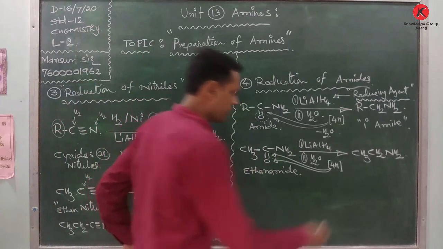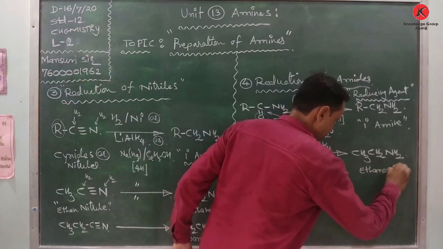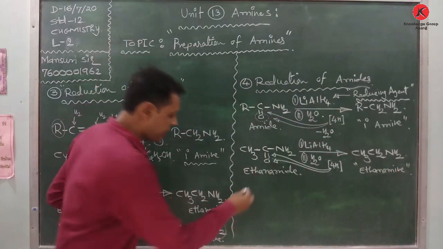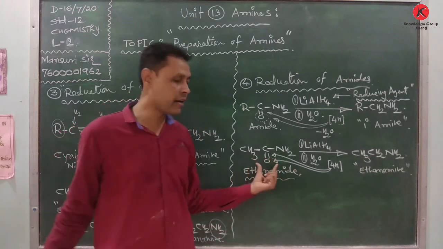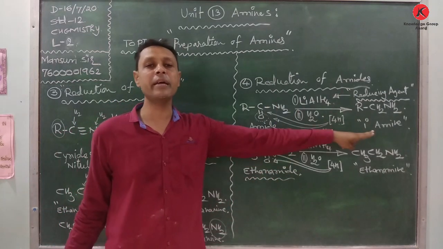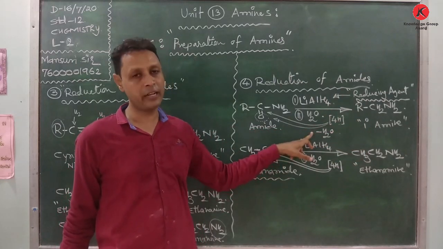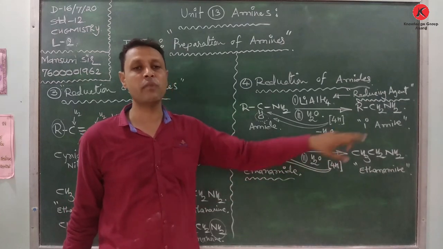This is ethanamine. Ethanamide is converted to ethanamine. This is my amide group and this is my primary amine group. So ethanamide reacts with lithium aluminum hydride, then ethanamine is formed. This is my primary amine.